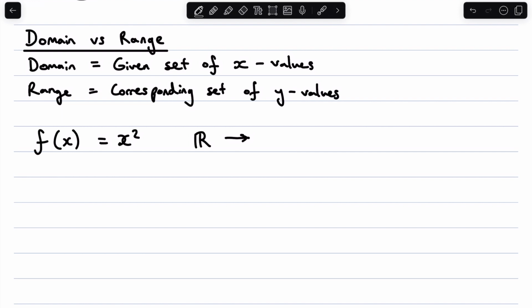If we're starting from real numbers, we'd need imaginary numbers, but we'll get on to that. So the real numbers will lead to the non-negative real numbers.